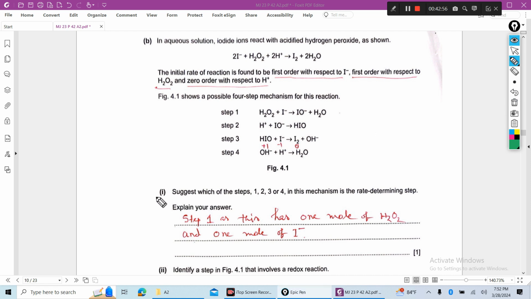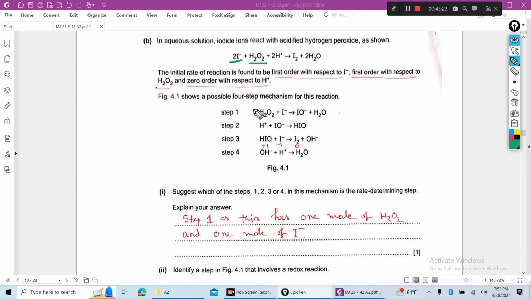Number 1, suggest which of the steps 1, 2, 3 or 4 in this mechanism is the rate determining step. The rate determining step involves hydrogen peroxide first order and iodide ion first order.